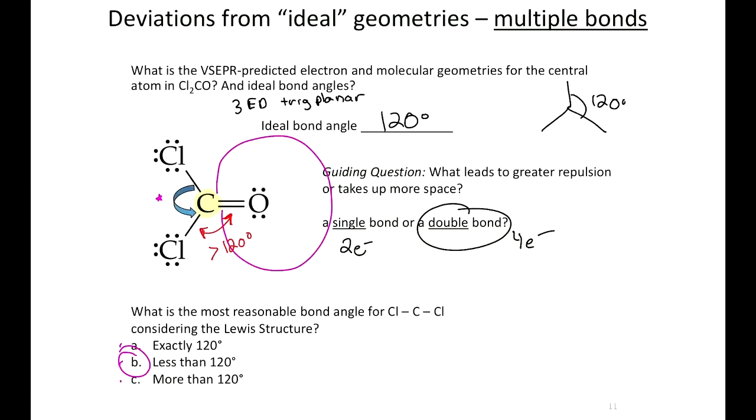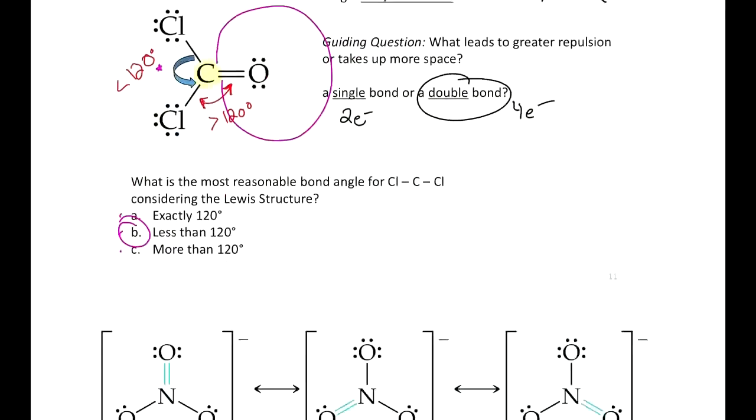Right, so here the red bond angle is slightly more than 120 degrees, but this inner one is slightly less than 120 degrees. Do be sure you're noticing which bond is being indicated and where deviations can occur. Deviations can occur in 2 places, if lone pairs are present or if double bonds are present. Okay.